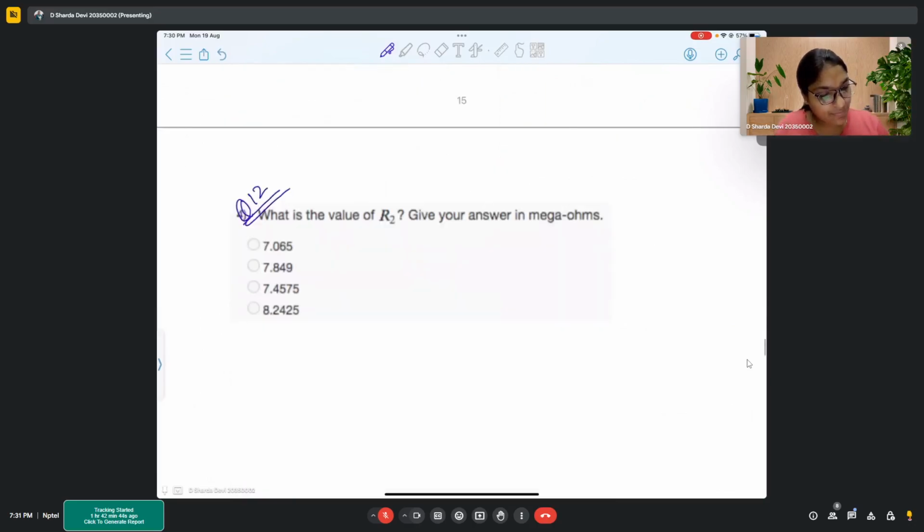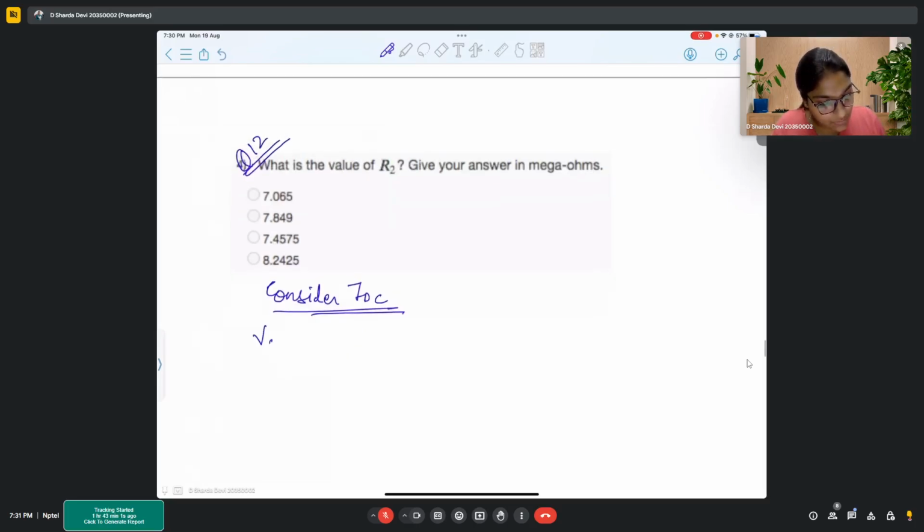Also, in the above question we considered 2 IDC as the total current, right? Now let's consider IDC only as the total current. We are not considering the small ID.